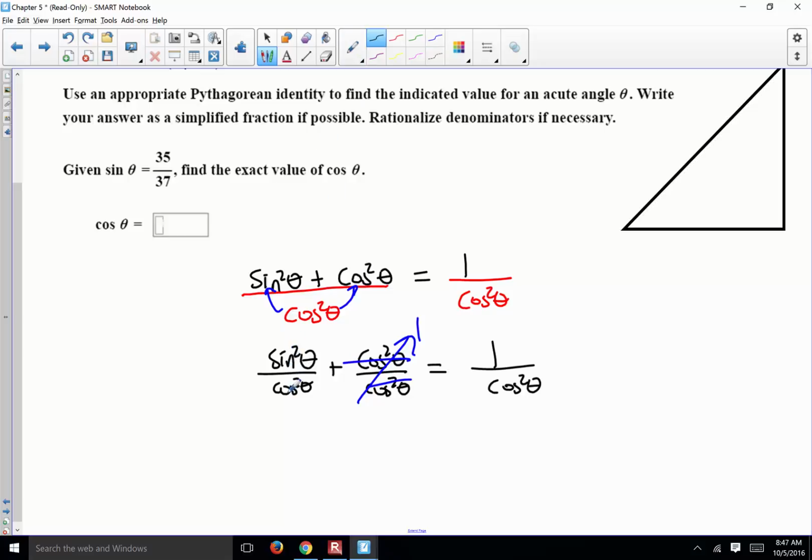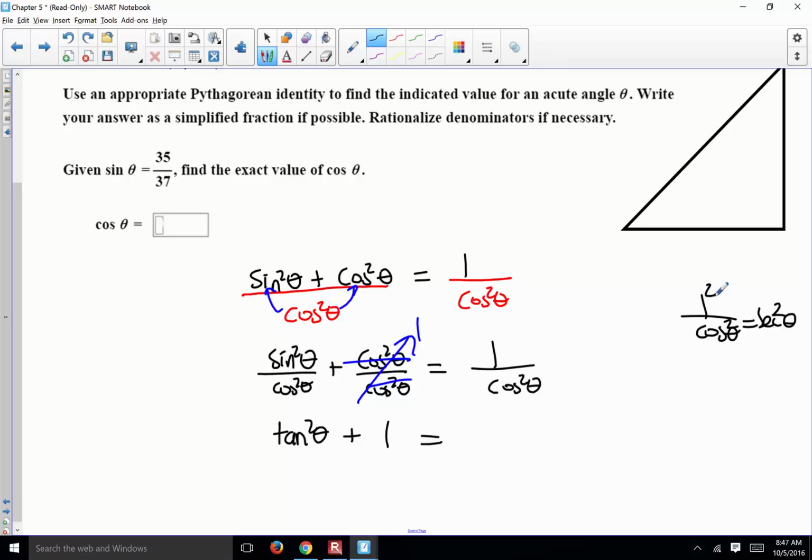Okay, what is sine over cosine? Sine over cosine is tangent, but these are squared, so this thing is tangent square. Tangent square plus 1 equals, what is 1 over cosine? Secant. But if you square both sides, it becomes secant square.